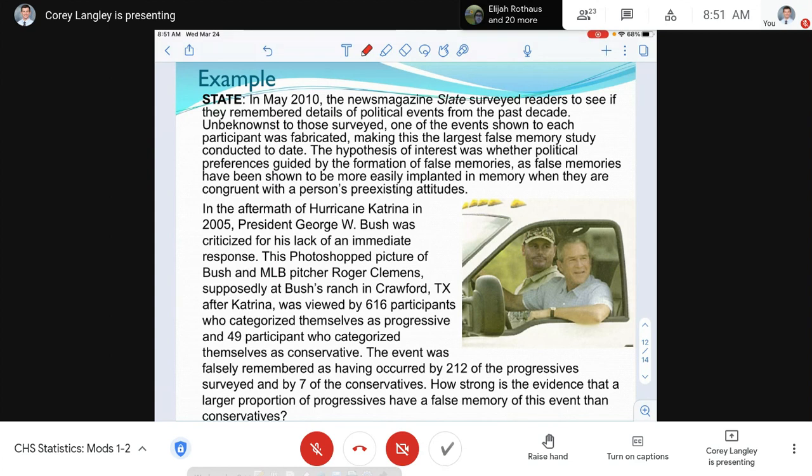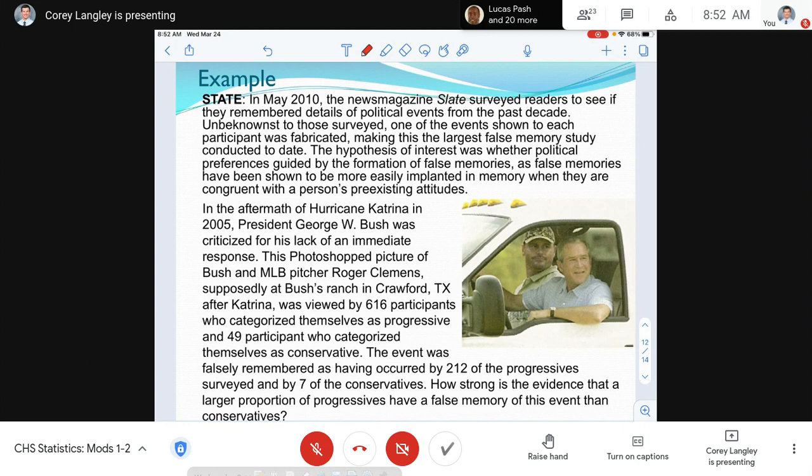So this particular question was about the aftermath of Hurricane Katrina in 2005. President George W. Bush was criticized for his lack of an immediate response. As part of this question, they photoshopped this picture that you see here of Bush with Major League Baseball pitcher Roger Clemens.